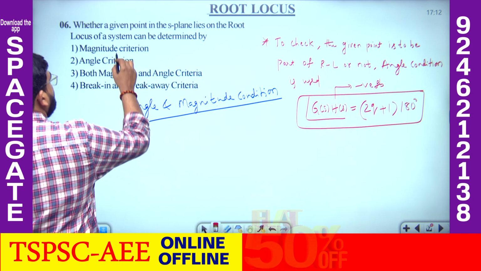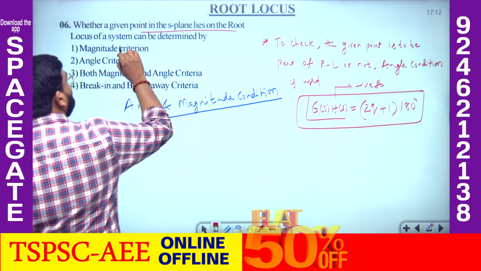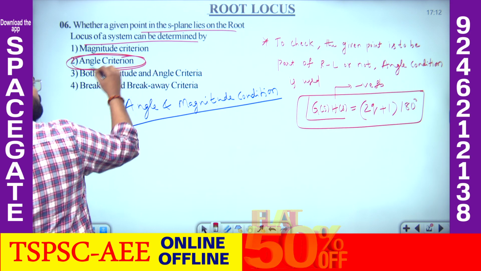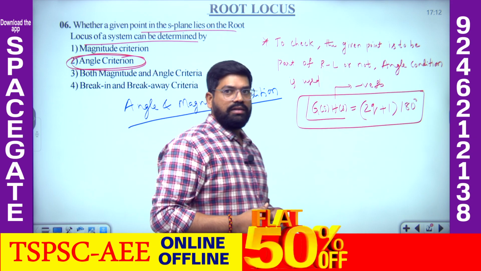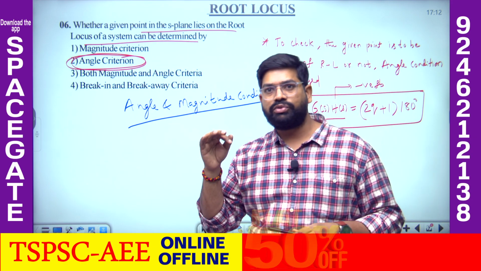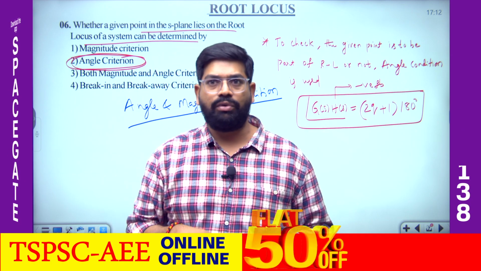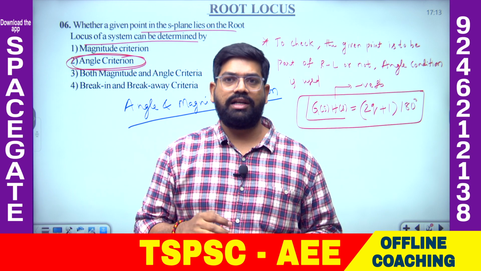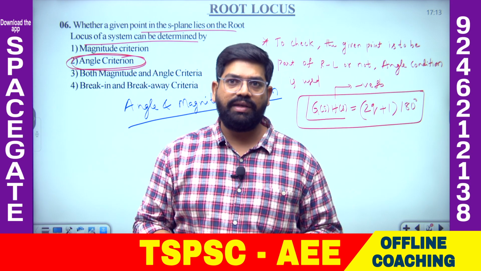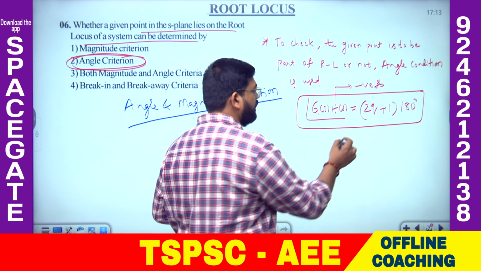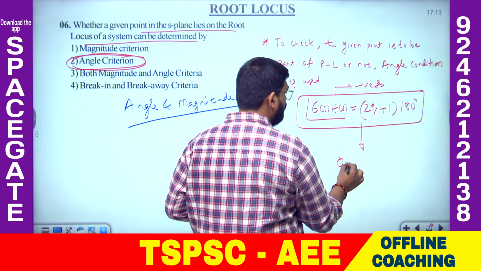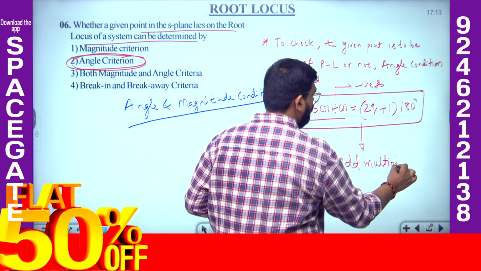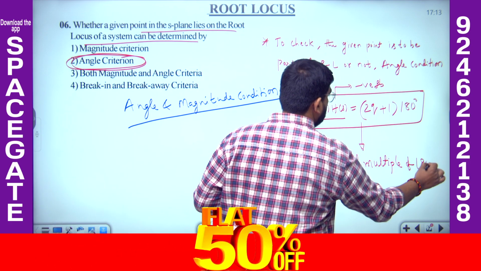So what is the question? Whether a given point in the S-plane lies on the root locus of a system can be determined by the phase angle condition. Got the point? So the phase angle condition checks whether a particular point is part of the root locus or not. If the point is part of the root locus, the phase angle at that point must be an odd multiple, (2q+1), of 180 degrees.